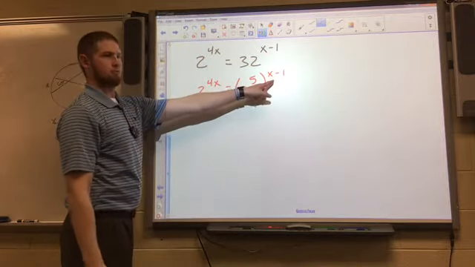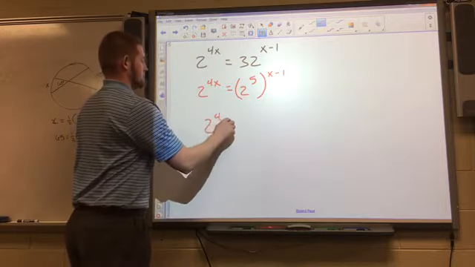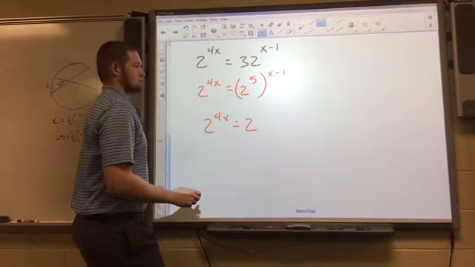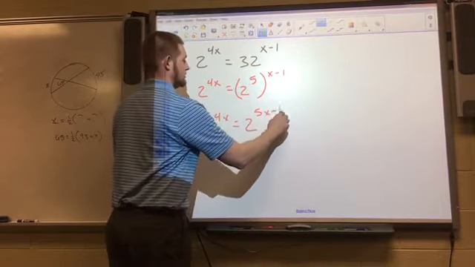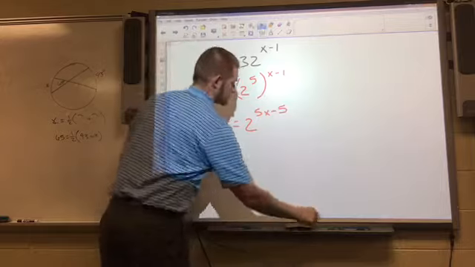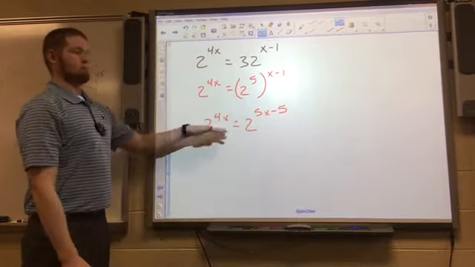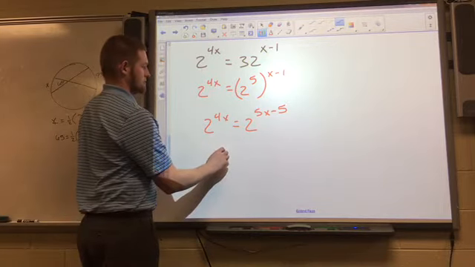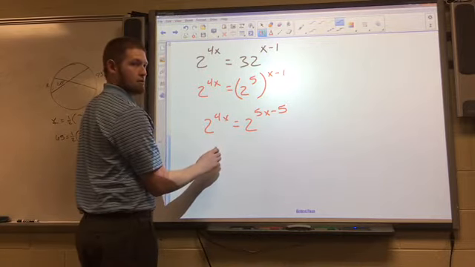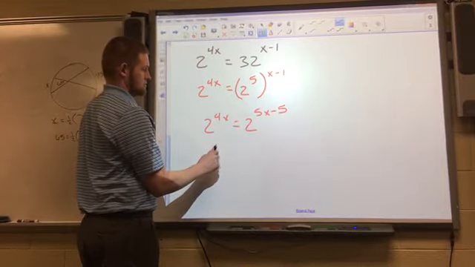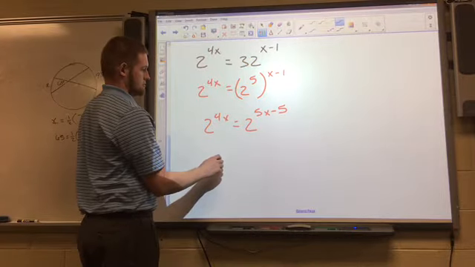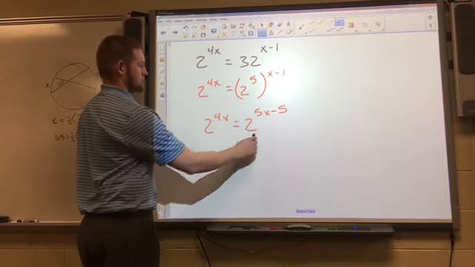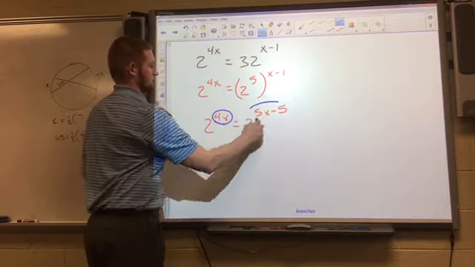Which gives me what? Good. And since my bases are the same, I can set up what? If my bases are the same, these have to be what to each other?